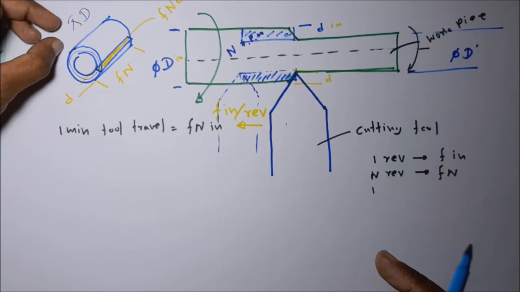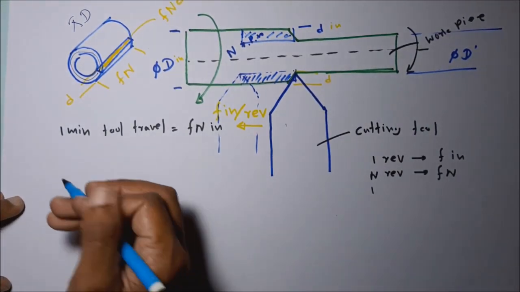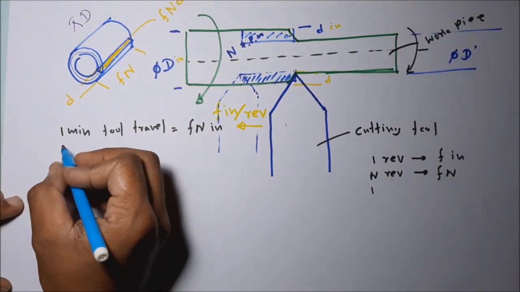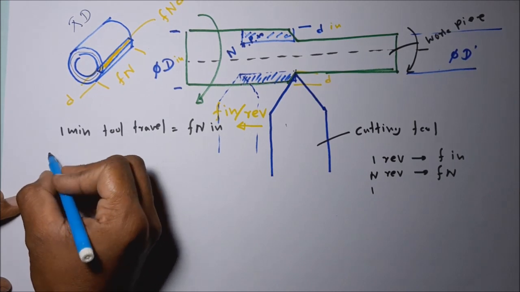So then the total volume removed in 1 minute is the volume of this ring shape part.